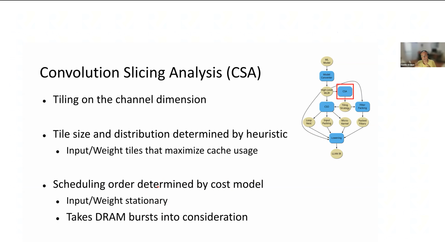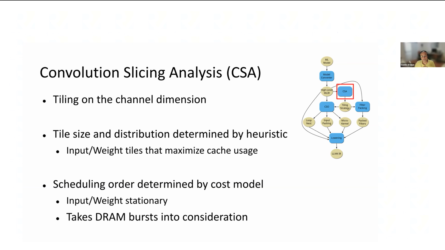Depending on the sizes of the cache that you have, and for some convolution sizes, the algorithm outputs a better strategy based on input stationary or weight stationary. And we have realized that it's really interesting that for some architectures, you have more input stationary than weight stationary, like the case of Intel, and in the case of the POWER10 it is the other way around.